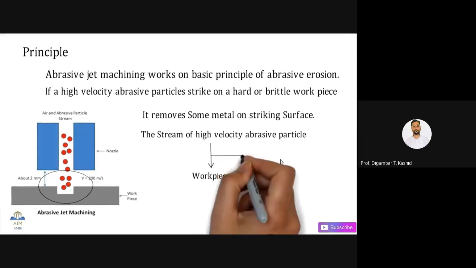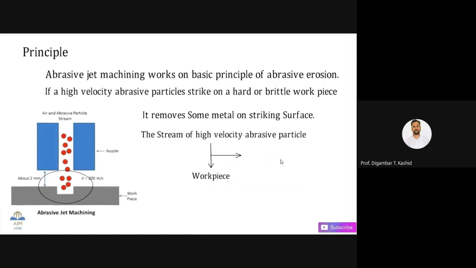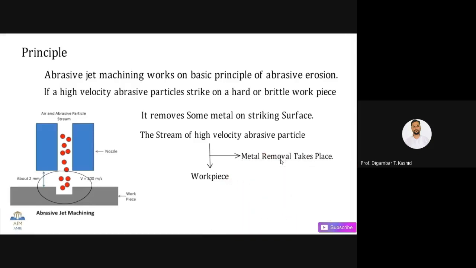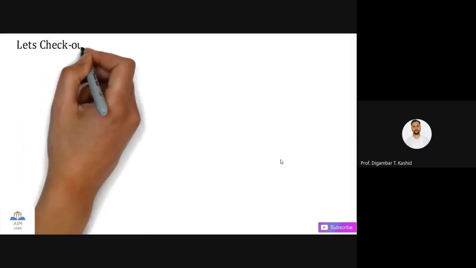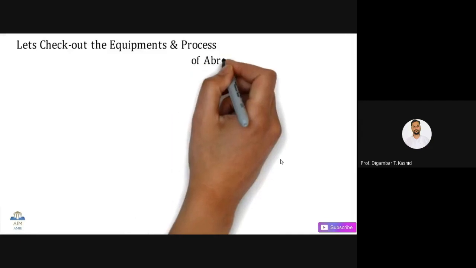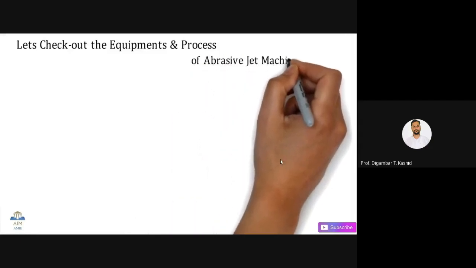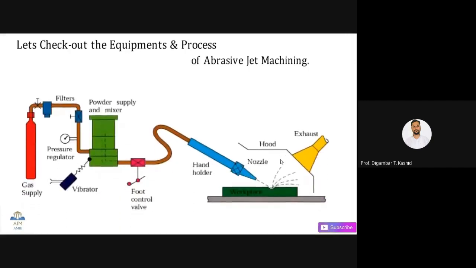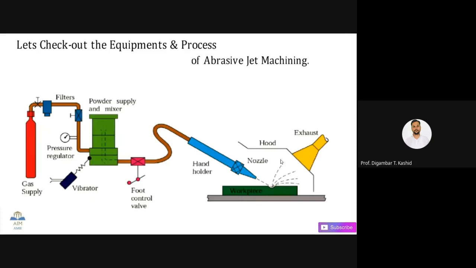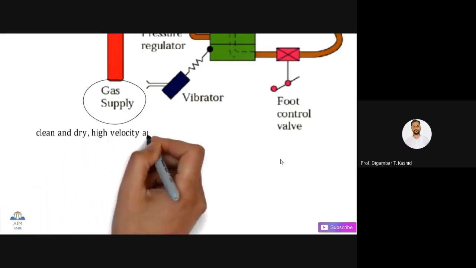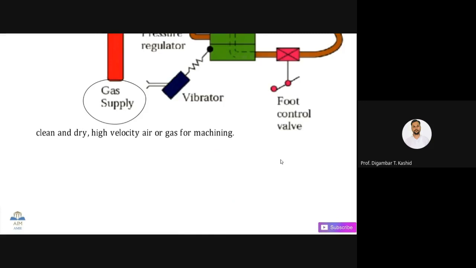Now, the setup diagram you will get different in different books. Again, on Google also you will get different ones, but the components will not change. The same components will be there, but the arrangement may change.